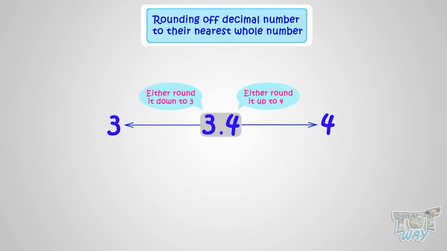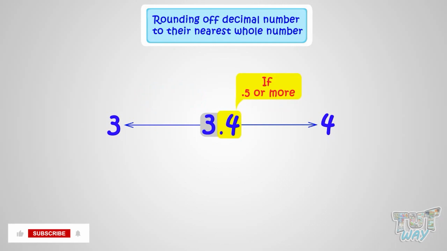which is 4. And the rule is, if the decimal portion is 0.5 or more than 0.5, that is, if the decimal number is more than a half, we round it up. It means the number is more close to the next whole number.